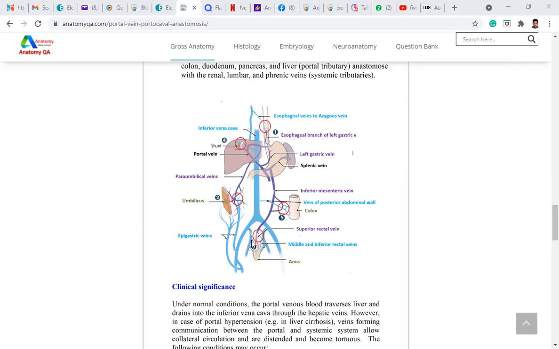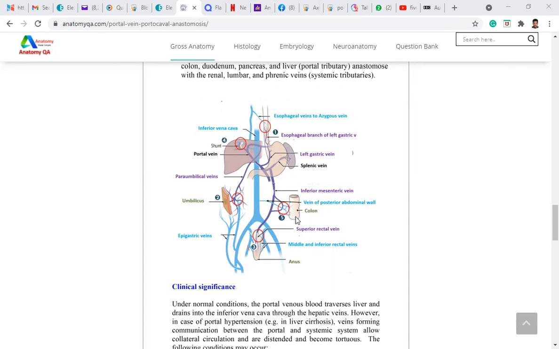And then the fourth anastomosis is between the colic veins and the renal veins or retroperitoneal veins of the retroperitoneal or posterior abdominal wall.